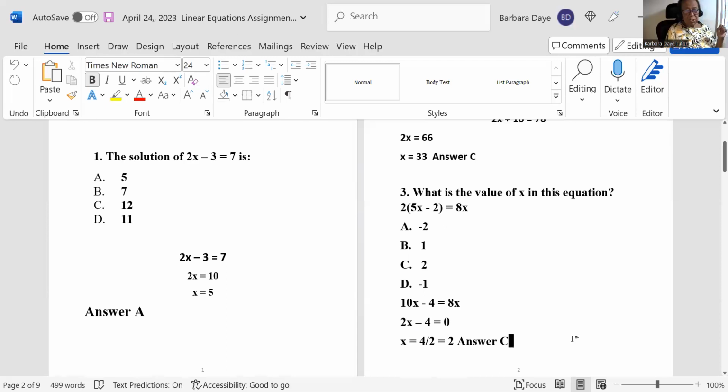Some steps are not shown here. When you're solving, trying to get your constants on the right and your variables on the left, sometimes you subtract, sometimes you add. And then once you get a coefficient with the variable, you divide by the coefficient to get the variable. So it's a pretty standard procedure.